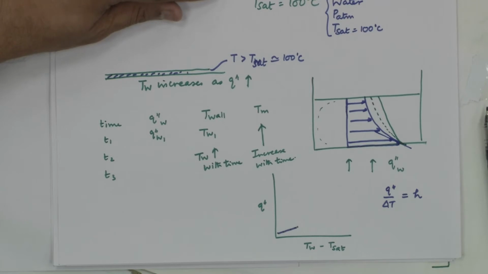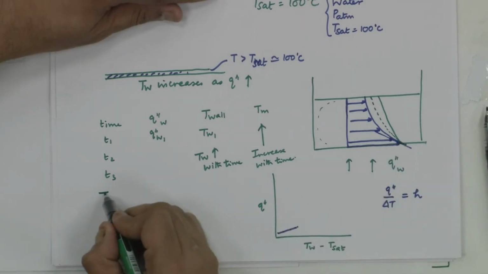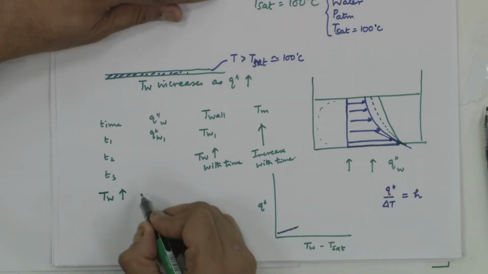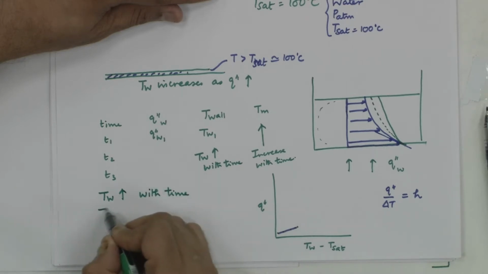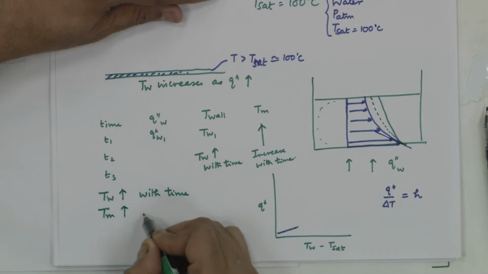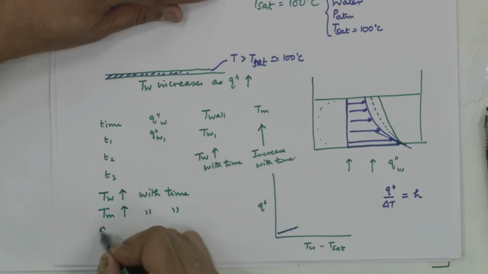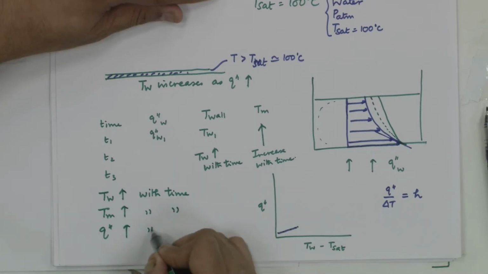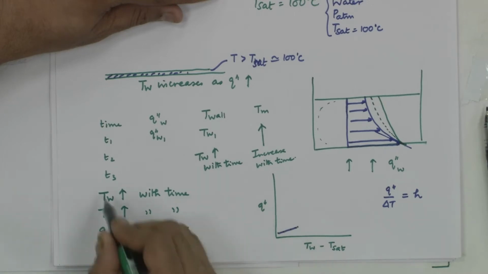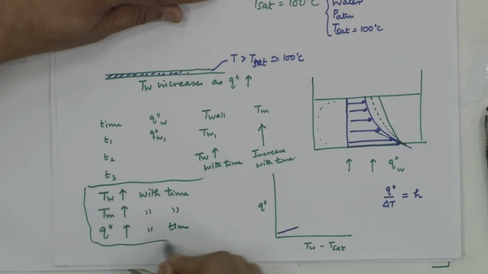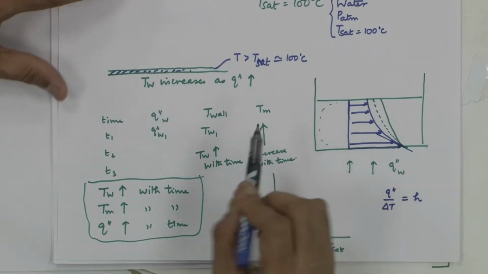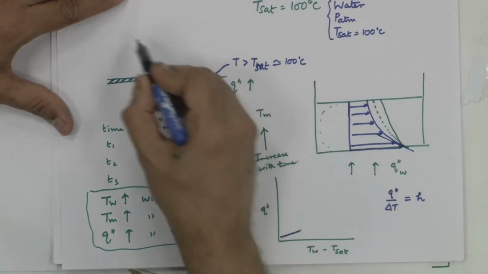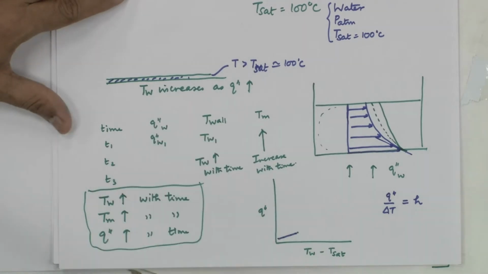The point I am trying to say is the wall temperature also increases, T wall increases with time, T bulk mean increases with time, Q double prime increases with time, though we are going to keep it constant for a given set of time. So, there is a situation where the bulk fluid is at a temperature.